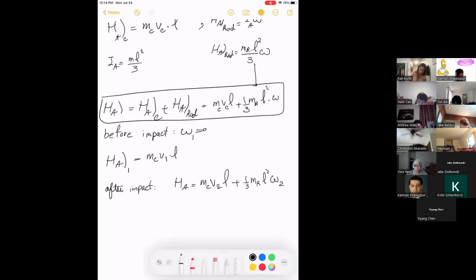So these are velocity components, linear and angular, after impact.